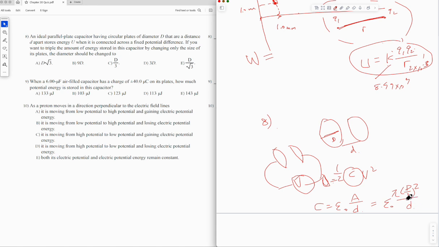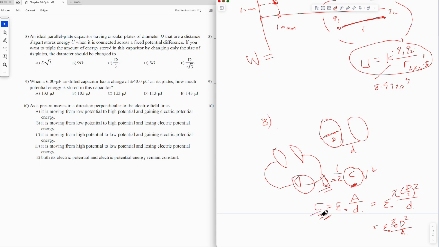If you want to triple the energy, you have to triple the capacitance. You only change the area, so this equals epsilon naught pi over 4 D squared divided by d.